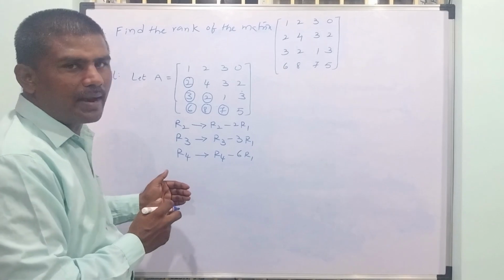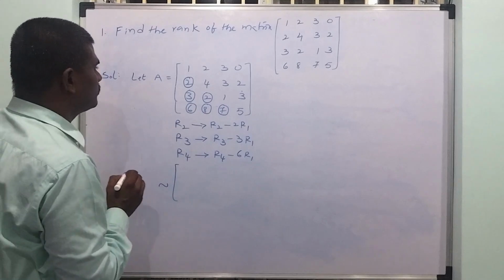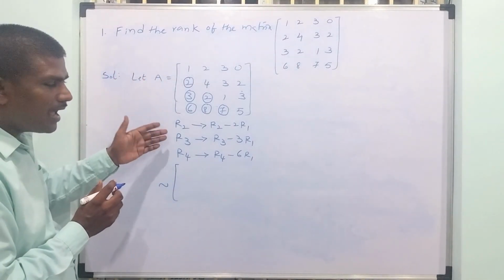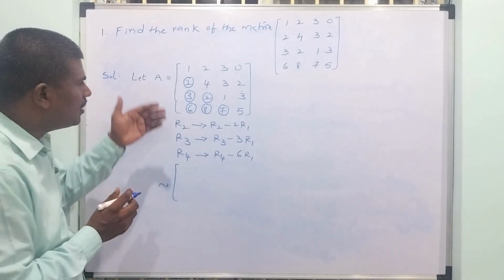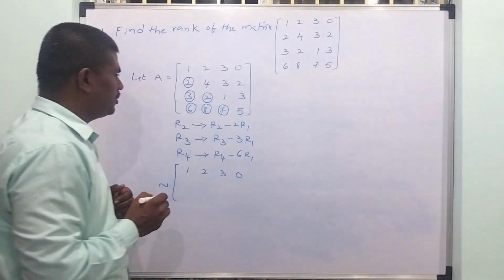What is the resulting matrix? It is equivalent to this: there is no change in the first row because we have not applied any elementary operation on the first row, so it is as it is: 1, 2, 3, 0.